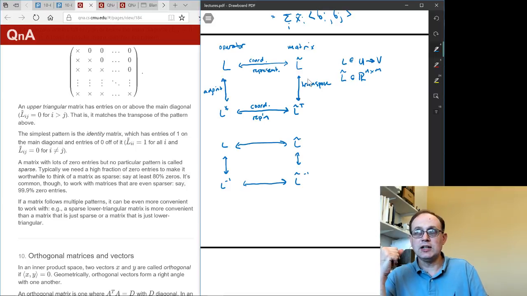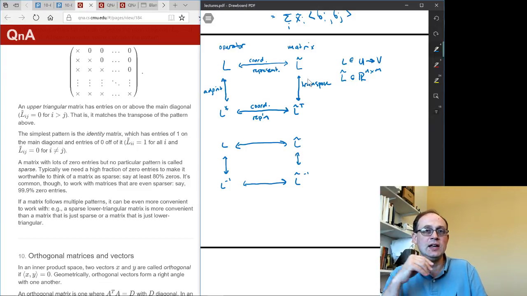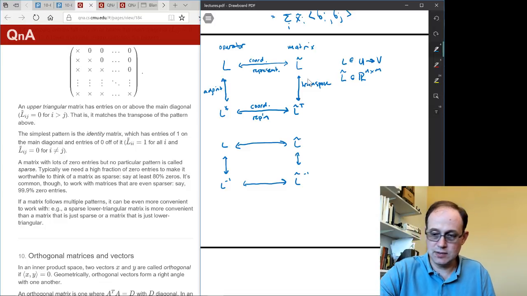If you had a distribution over vectors in Rn, and you took its variance matrix and looked at it, if it was diagonal, that told you something about the shape of that distribution. So I would say that the key thing about matrix patterns is the computational implications. But there are some times when you can tell something interesting about some process by looking at the pattern of some matrix. All right.